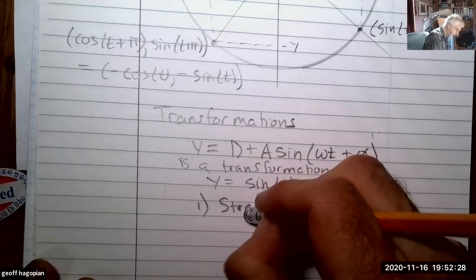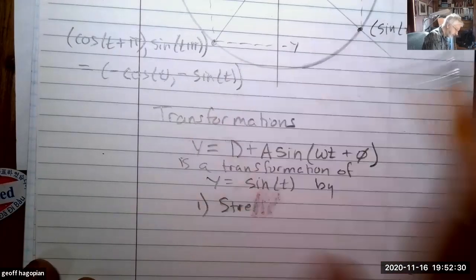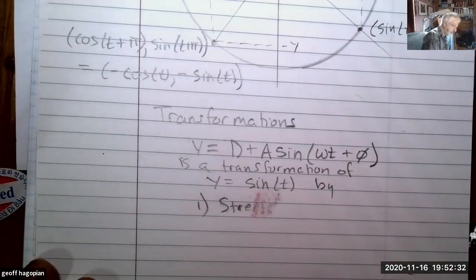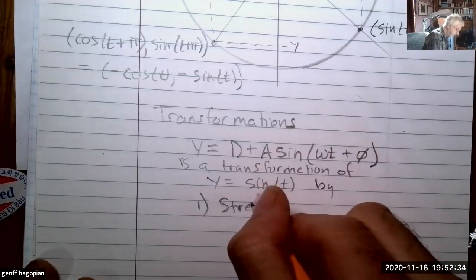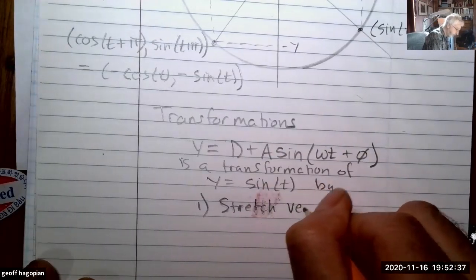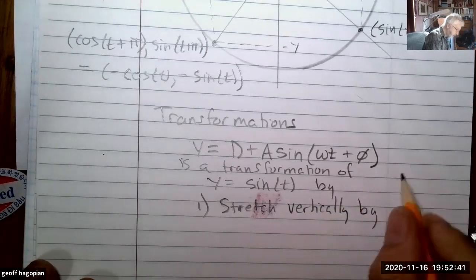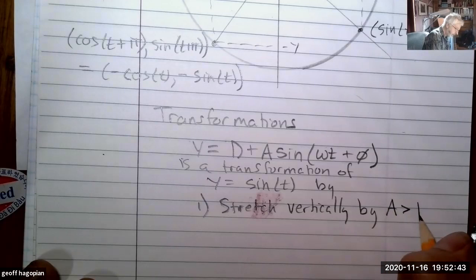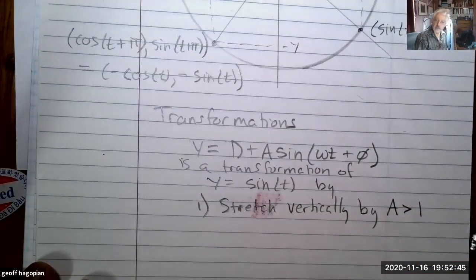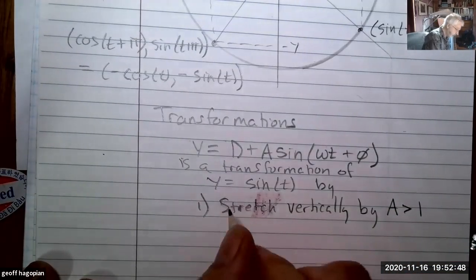Must be stretched to my limit here. Oh, it's a bad eraser. Stretch vertically by what? I'm going to assume A is bigger than 1, right? So if A were less than 1, that would be a shrink.